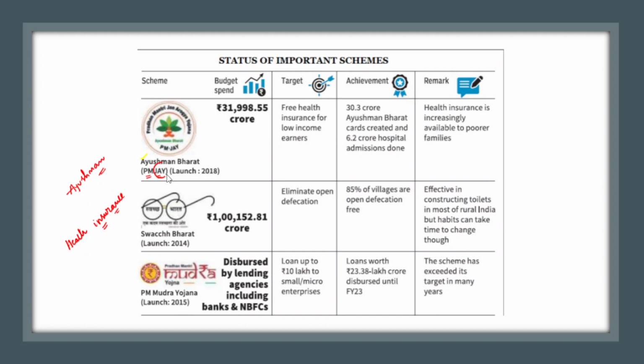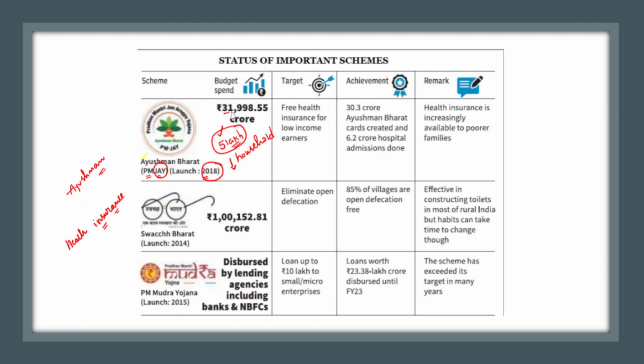This is also called PM-JAI, Pradhan Mantri Jan Arogya Yojana, and this program was launched in the year 2018. According to this program, around 5 lakh rupees of health insurance will be provided for each household in a particular financial year, so that any health related problem can be treated with this 5 lakh insurance cover per household.